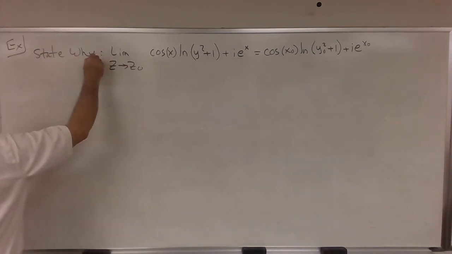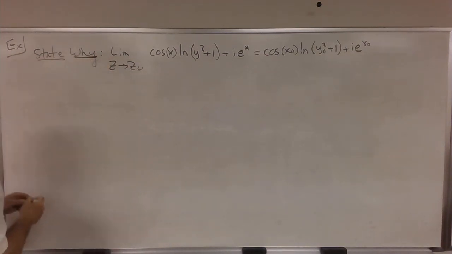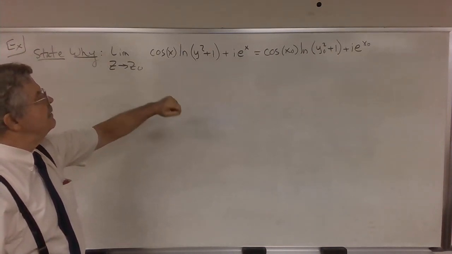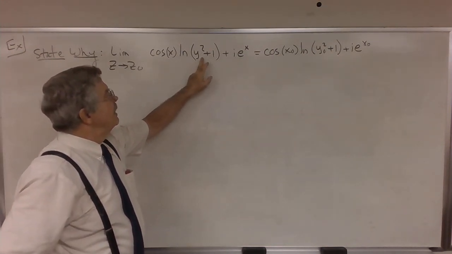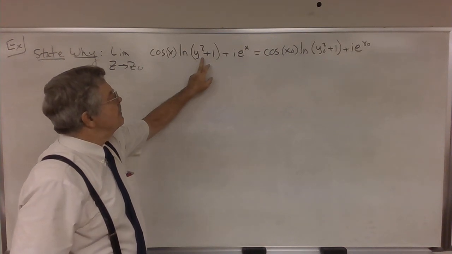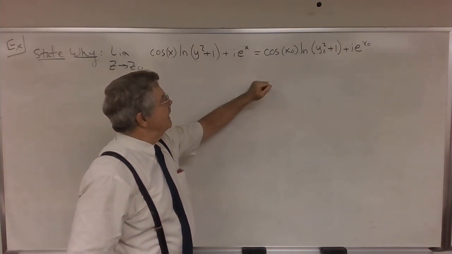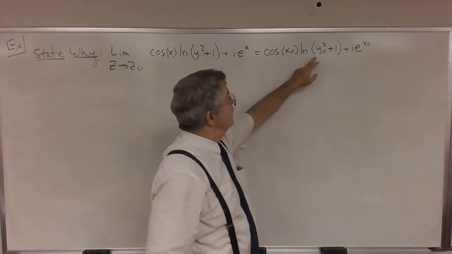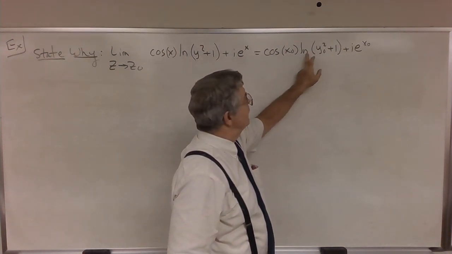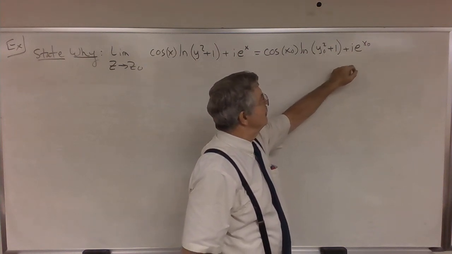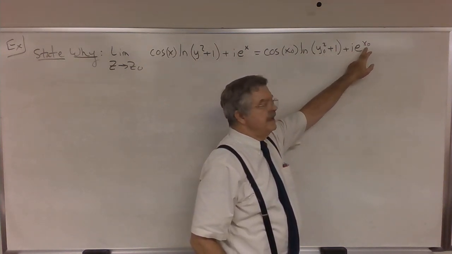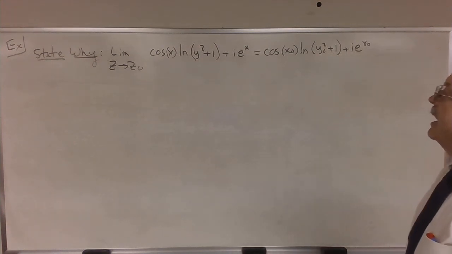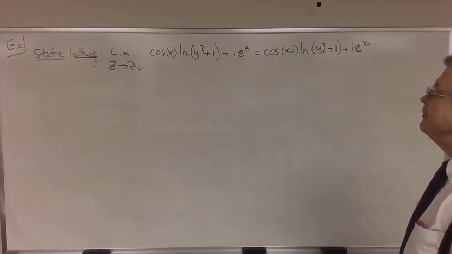One concluding example. Show that the limit as z approaches z naught of cosine of x, natural log of y squared plus 1, plus i e to the x is equal to cosine of x naught, natural log of y naught squared plus 1, plus i e to the x naught. And how do I reason on this?